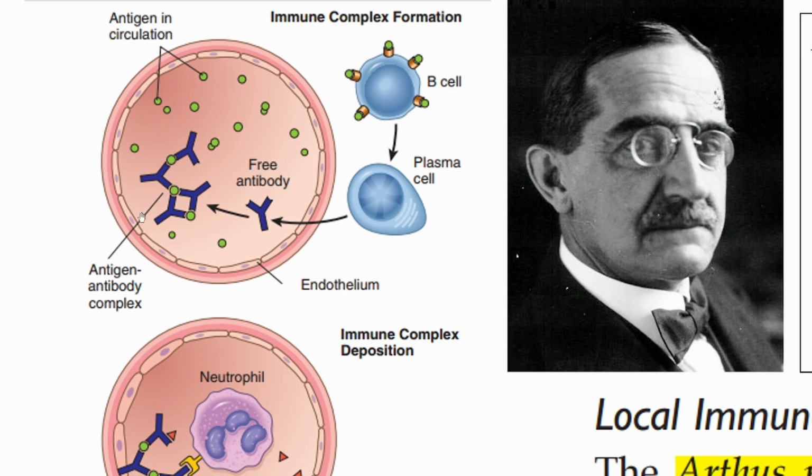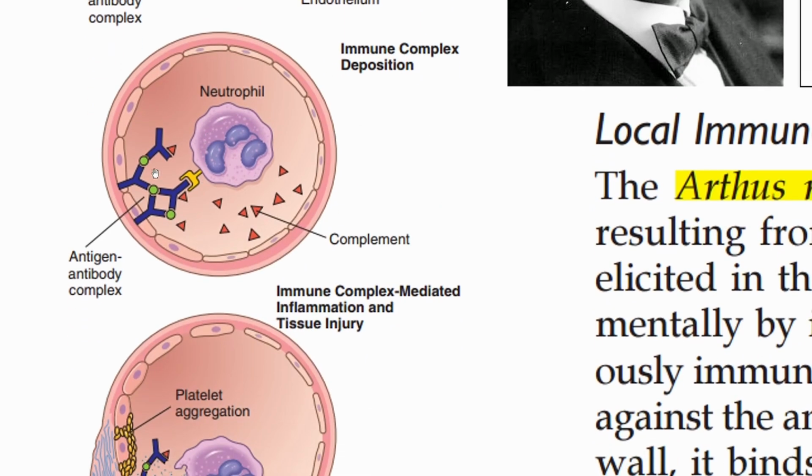Alright, so as we have seen here, there is formation of antigen antibody complex. Next, what's happening? This complex goes and deposits on the wall of the blood vessel. See, this is the blood vessel and this is the wall of the blood vessel, and here all these complexes are being deposited.